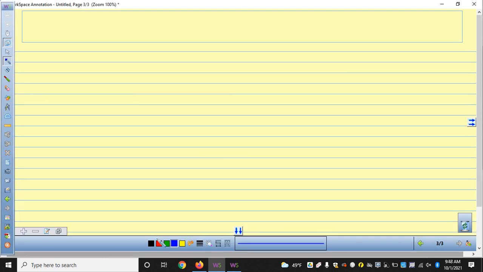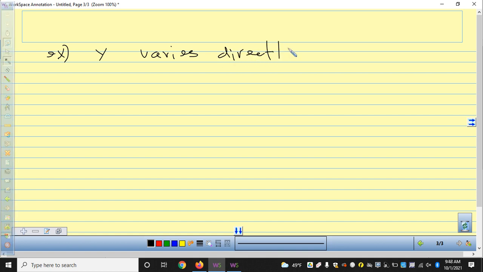All right, so for this problem, it tells us y varies directly with x. Now when you see this written, y varies directly with x, what that means is y equals k times x.